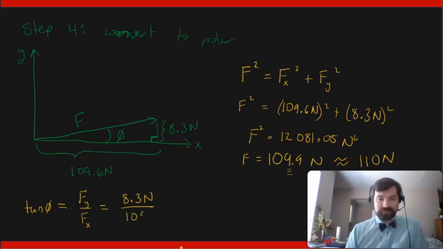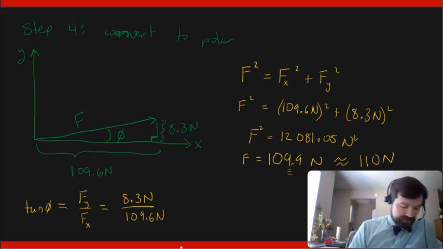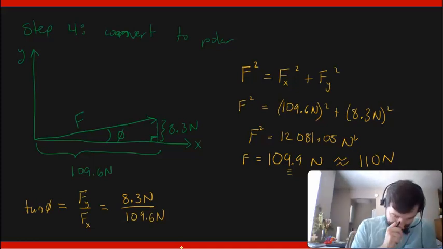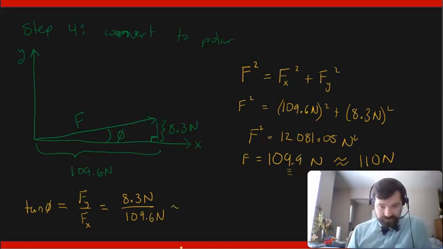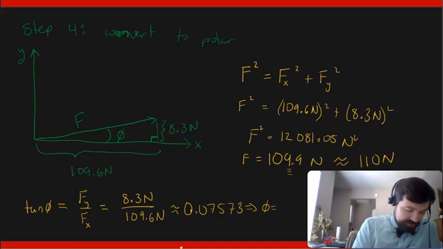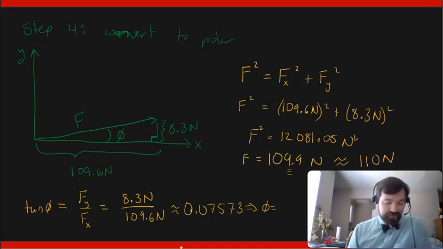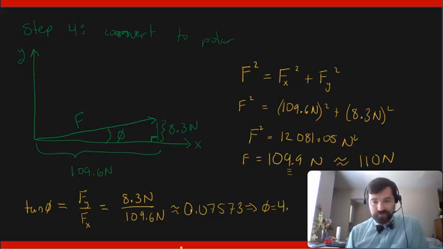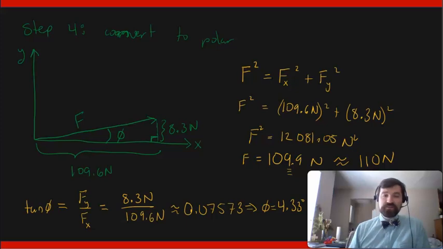So I divide 8.3 by 109.6, and what I end up with is 0.0757299. That means phi is the inverse tangent of this, so I use the tan^-1 button, and I get 4.33 degrees.